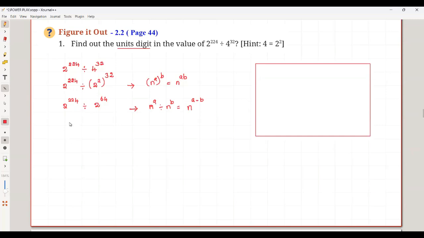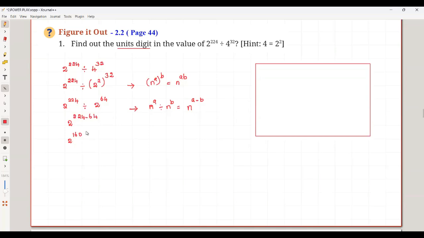So keep the base 2, and the power is 224 minus 64, which gives 2 power 160.